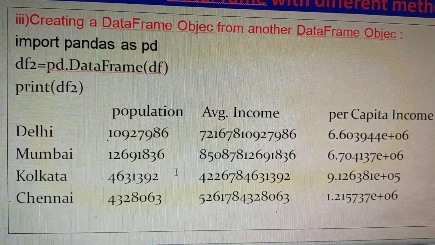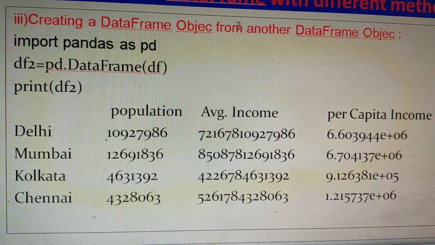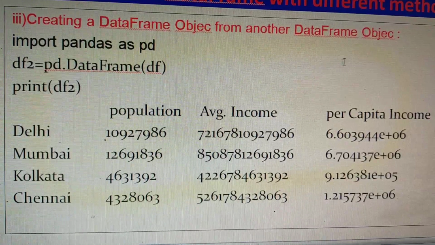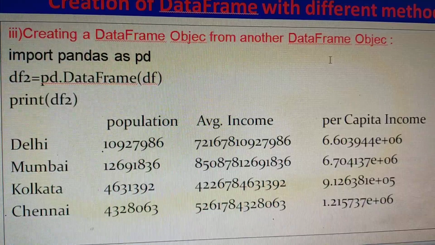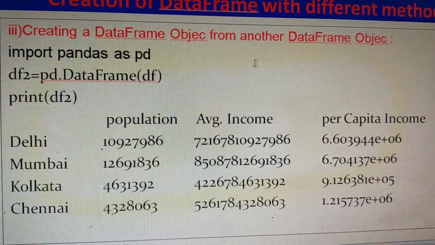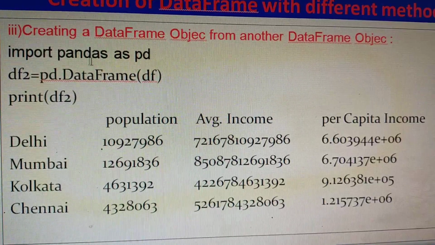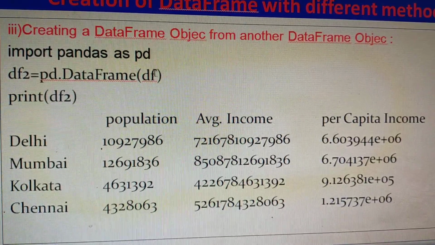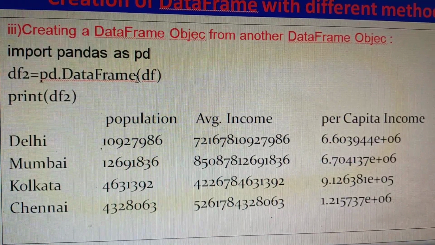Next method is creating a data frame object from another data frame object. It means if you have already created a data frame and you want to create a new data frame from the existing data frame, then it can easily be created. You can use the existing data frame name with the DataFrame function.